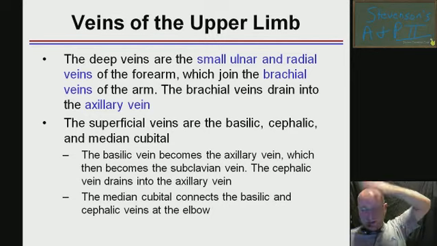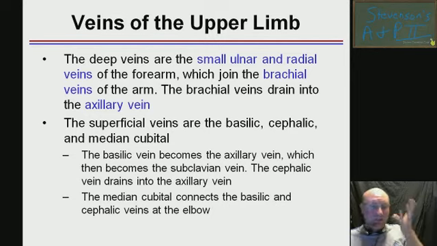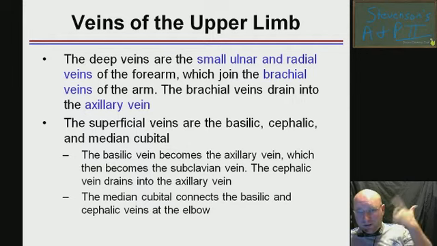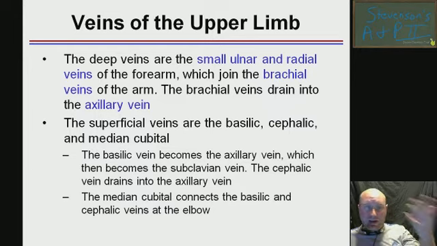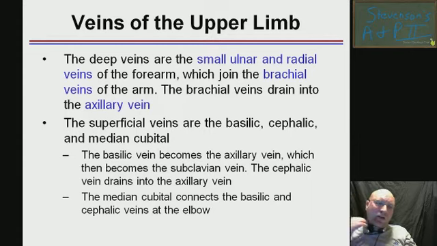It's a complicated system, but not too complicated, because it's all one system that is given different names depending on where it branches and what it gives blood to or takes blood from, both ways. The median cubital connects the basilic and the cephalic veins at the elbow.